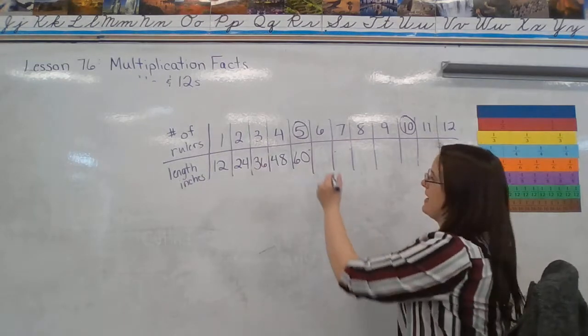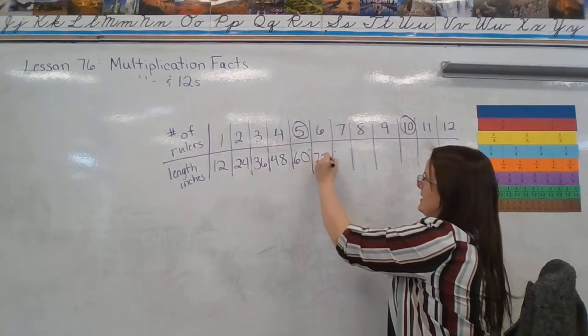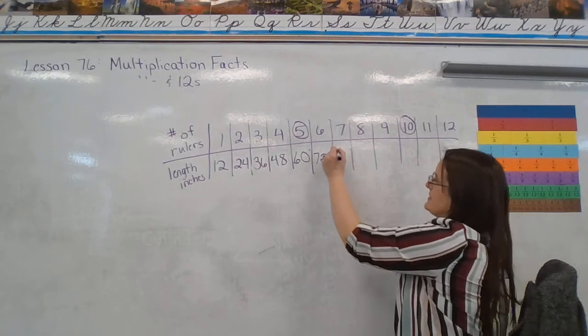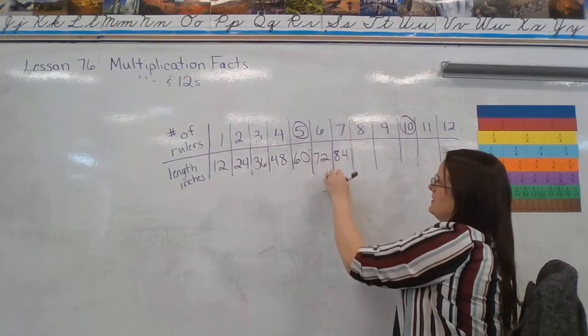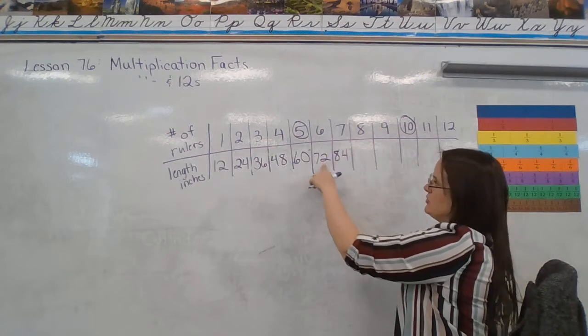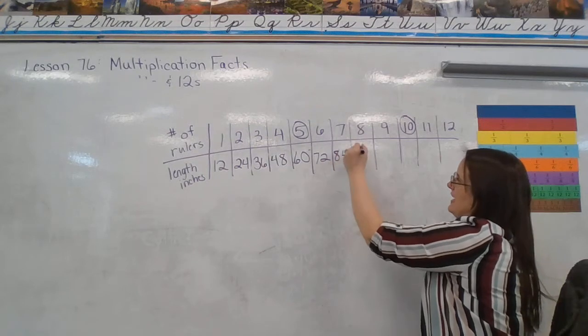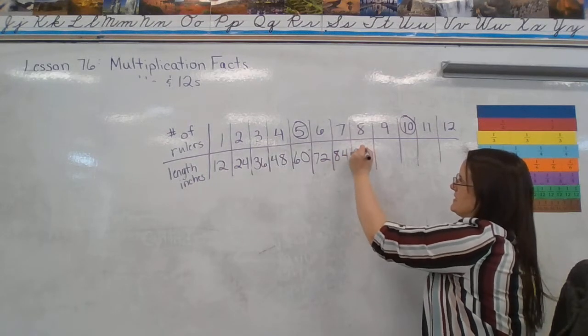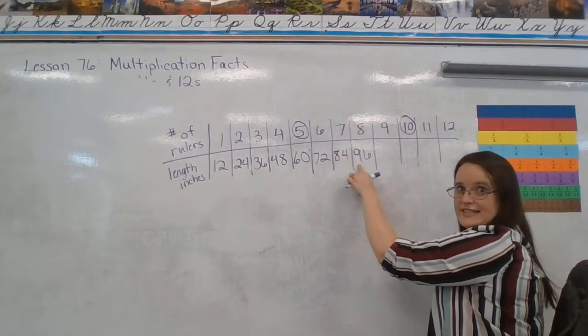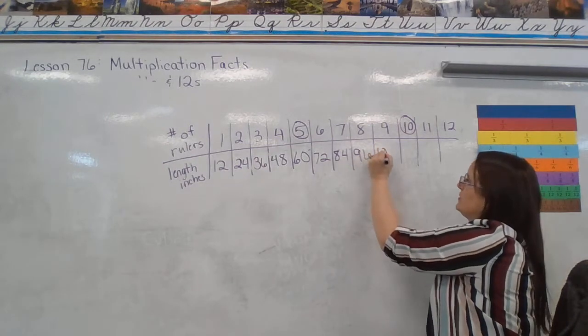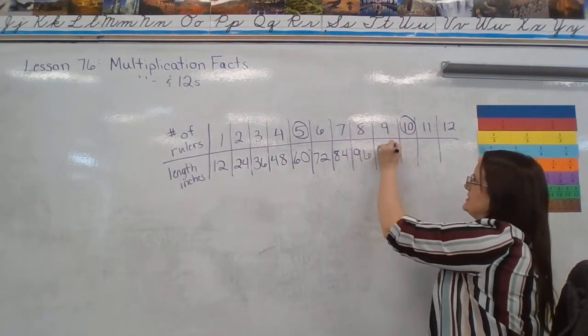Then I stick with my pattern, go up 1 10, up 2 1s, 70 to 80, 2 to 4, 80 to 90, 4 to 6, 90 to 100, 6 to 8.